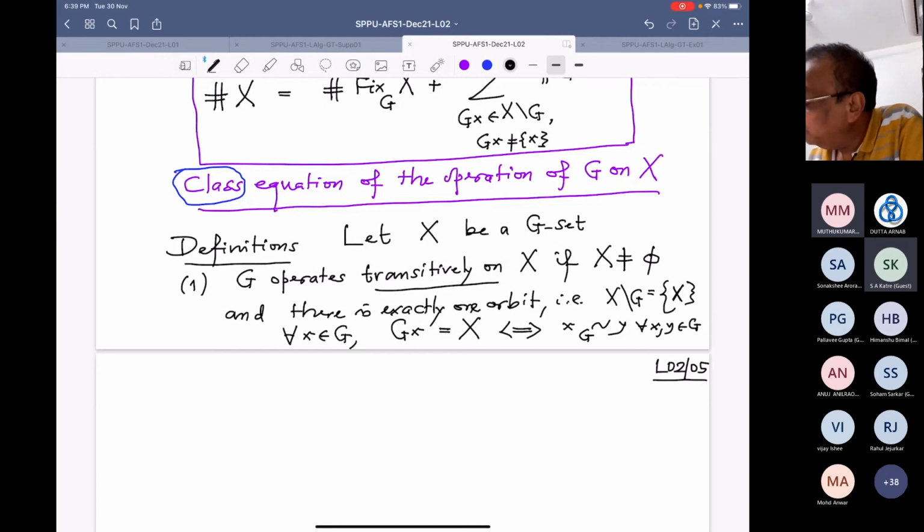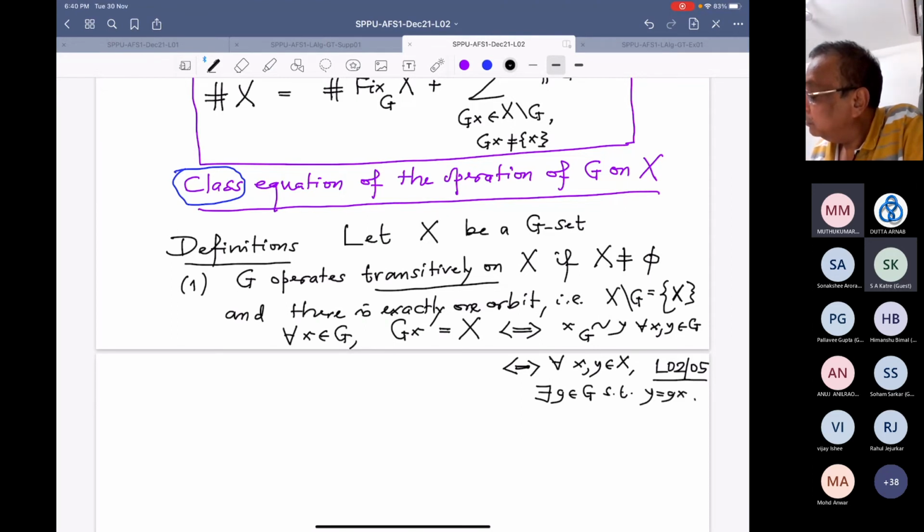Also, we can write this is equivalent to saying for every pair x and y in X, there exists g in G such that y equals gx. So these are just equivalent ways of writing things.